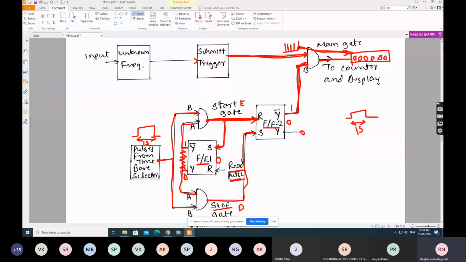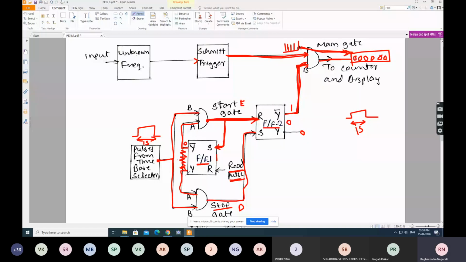It is also given to the set pin of the SR flip flop 1. So this set pin will make this SR flip-flop 1 set, which will change the output condition of this flip-flop. Now Y bar becomes 0 and Y becomes set 1.